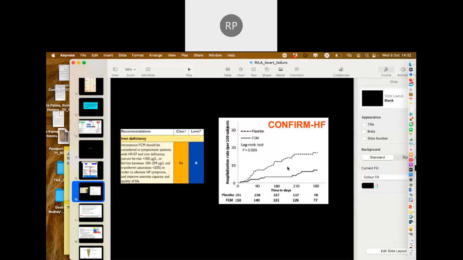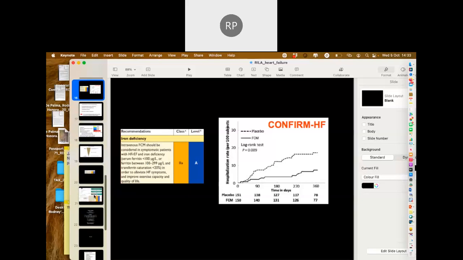So it's important to always test for ferritin, and if they have a ferritin level below 100 micrograms per liter, or if they have an intermediate ferritin level up to about 300, but with a low transferrin saturation, then they're a candidate for high dose intravenous iron therapy, and that has a very quick effect at improving symptoms and exercise capacity.